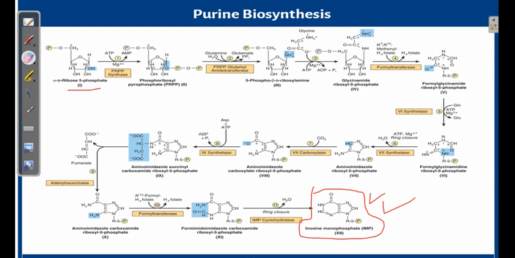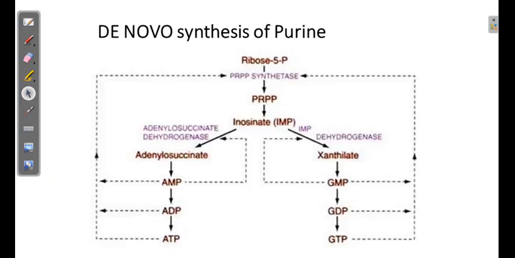Once inosine monophosphate has been synthesized, after subsequent enzymatic reactions it gets converted into ATP, that is adenosine triphosphate, and guanosine triphosphate. These are nucleotides, so two purine-based nucleotides, adenine and guanine, are synthesized.